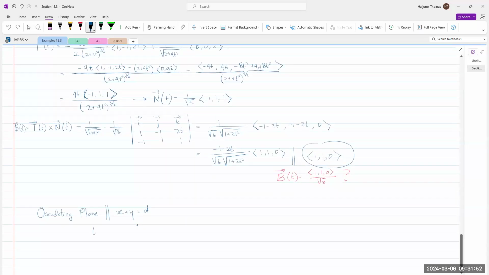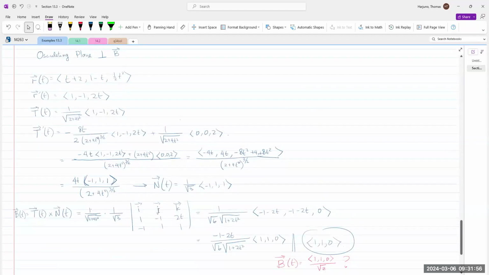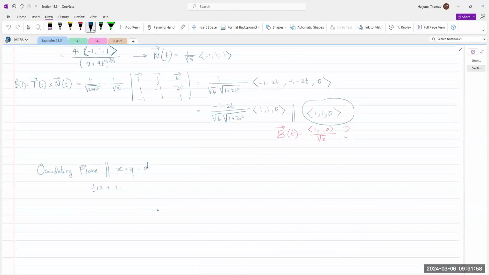So t plus 2 plus 1 minus t equals a constant d, and d equals 3. In other words, the osculating plane is x plus y equals 3. And the binormal vector is always perpendicular to this.